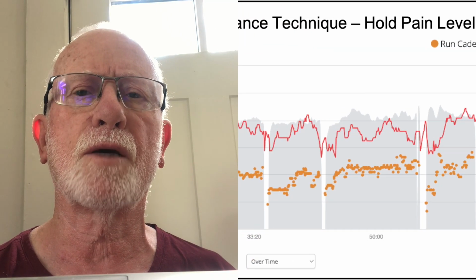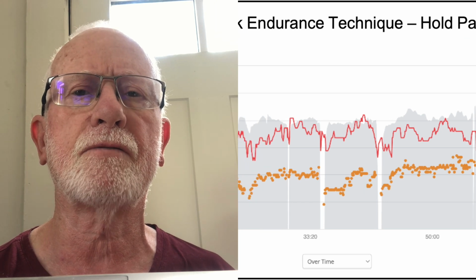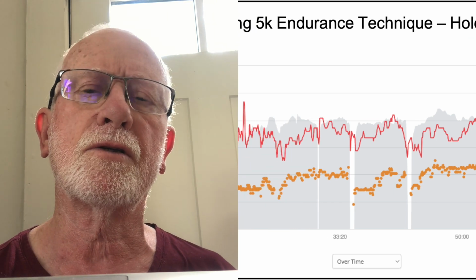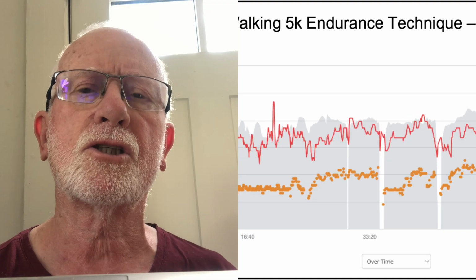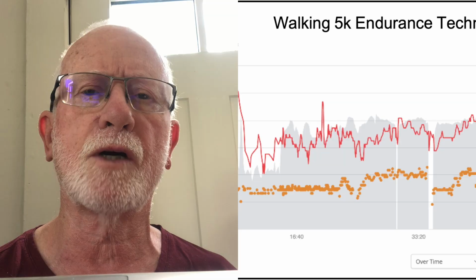Anyway, what I'm going to show you now is the difference between the two, but the best thing to do is go and look at these graphs carefully where you have place to digest them. It presents my pace and my cadence, and you can see when I have to stop. On the endurance graph, the stops are just for intersections, somebody coming the other way with a dog, stuff like that.